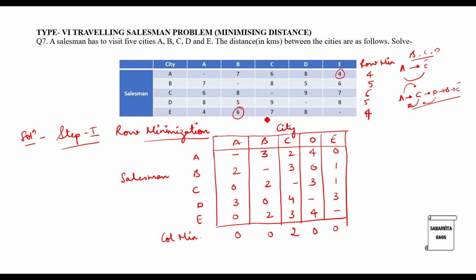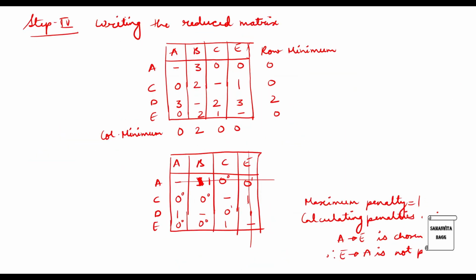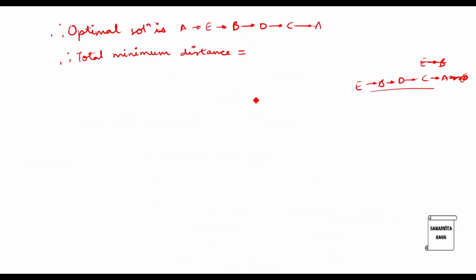Then we have B to D. So B to D is here 5. Then we have D to C. So D to C, the value is 9. And then we have C to A. C to A value is 6. So I will be writing these values in order. So I have 4 plus 6 plus 5 plus 9 plus 6. This value sums up to 30 kilometers.